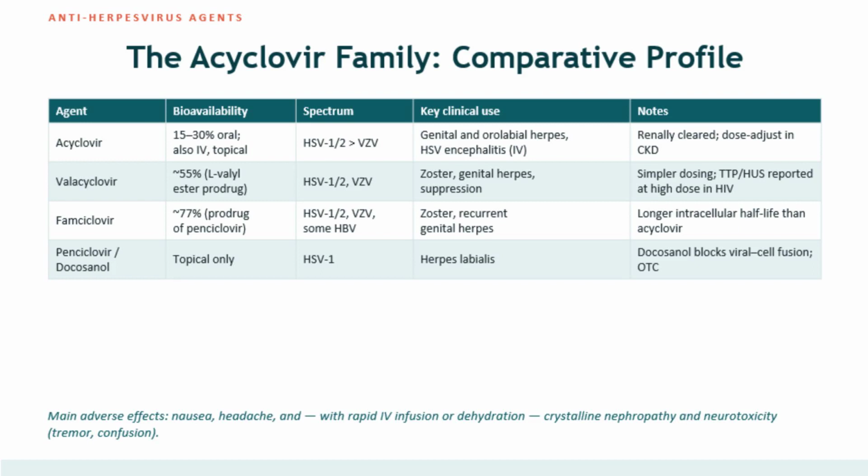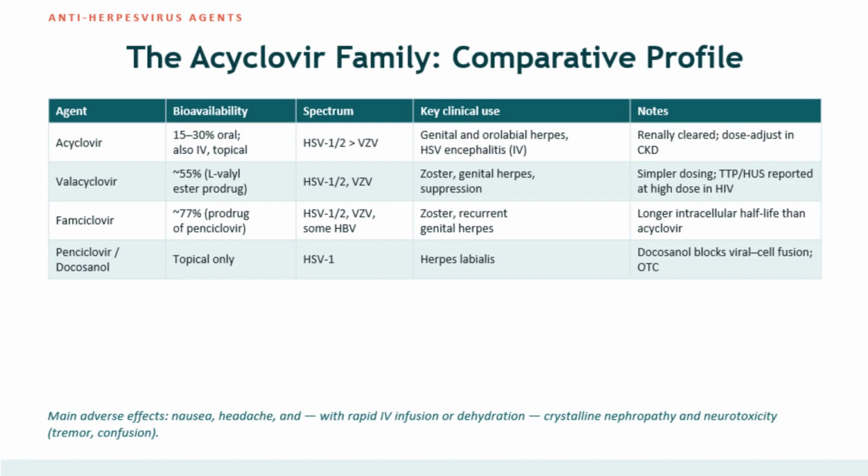Plain acyclovir orally is poor, only about 15 to 30% absorbed, which is why the dosing is so frequent and why severe disease like HIV encephalitis goes intravenous. Valacyclovir is simply acyclovir with a valine attached.